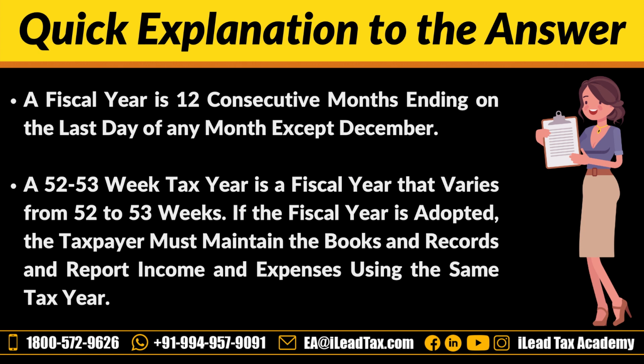When a taxpayer adopts a fiscal tax year on its first federal income tax return, it is required to maintain books and records and report income and expenses using that fiscal tax year. The taxpayer should consistently apply the chosen fiscal tax year for its financial reporting and tax reporting. Let's go to the next question.